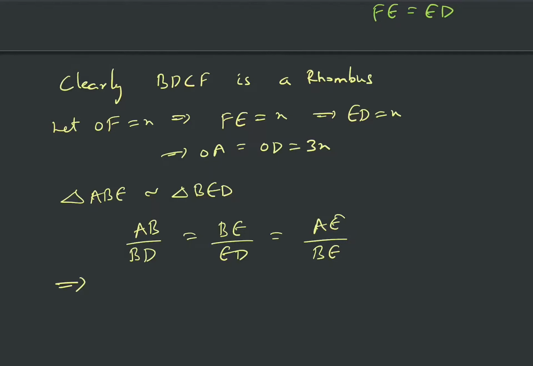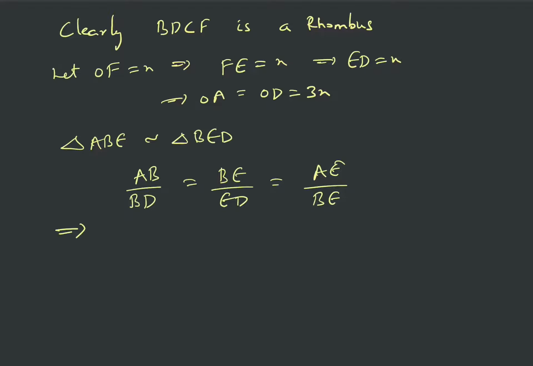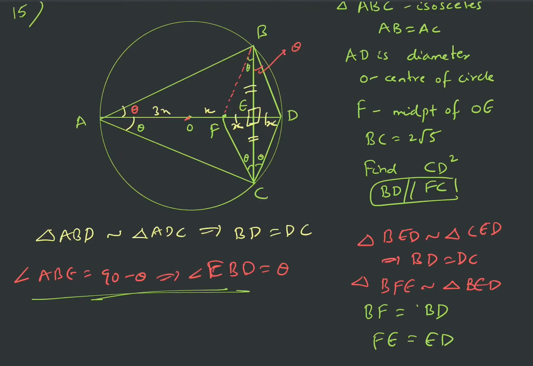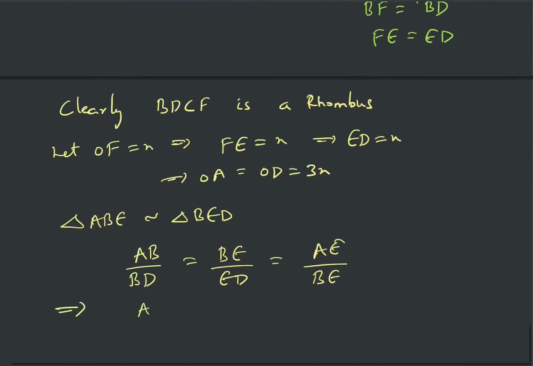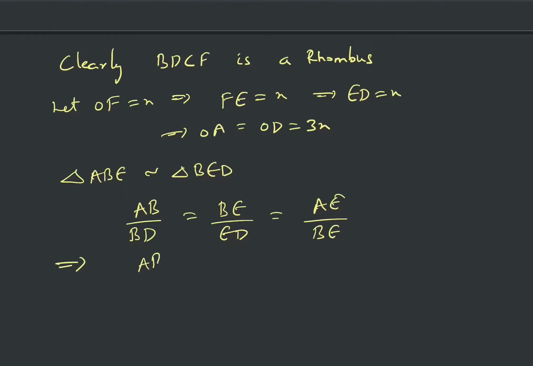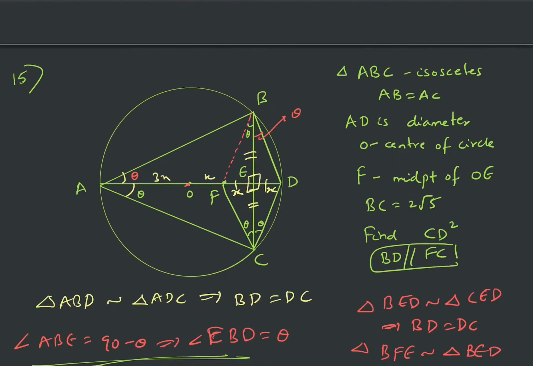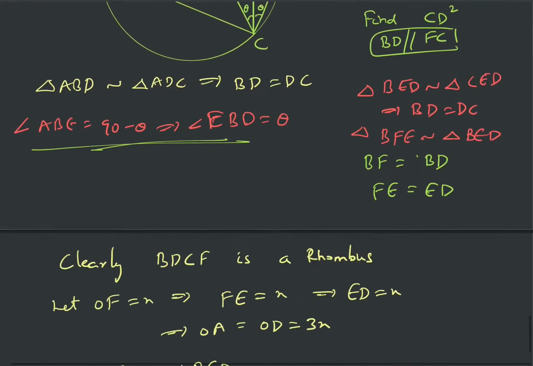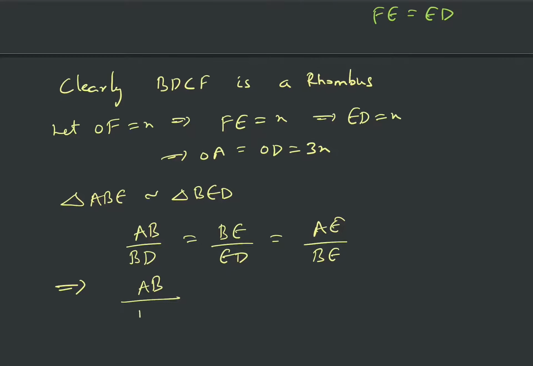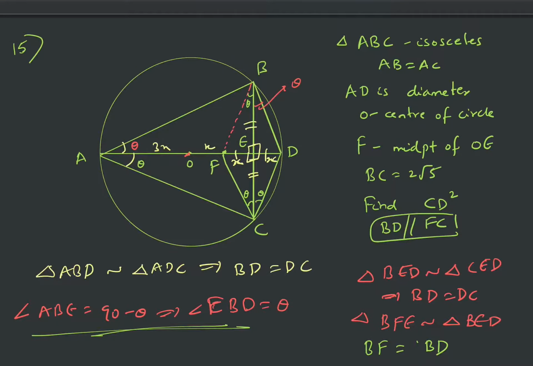Now let us see what we can use from this. So AB is AB only because I don't know anything about the length of AB, right? So let it be in this way. AB is AB. BD, what about BD? BD is also BD. We don't know anything about BD. BE is nothing but BC by 2.